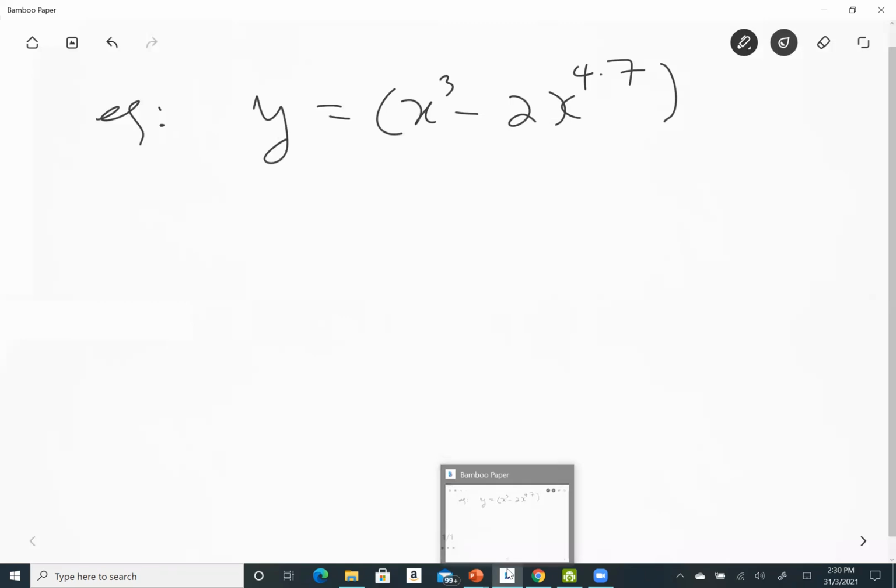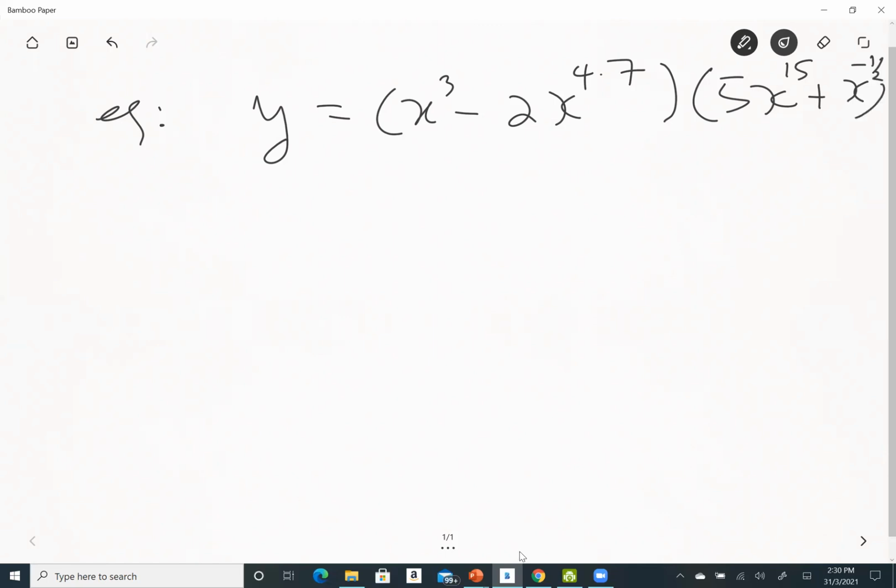We have y equal to, say, x cubed minus 2x to the power of 4.7, multiplied by 5x to the power of 15, plus, whatever, plus x to the power of negative half.